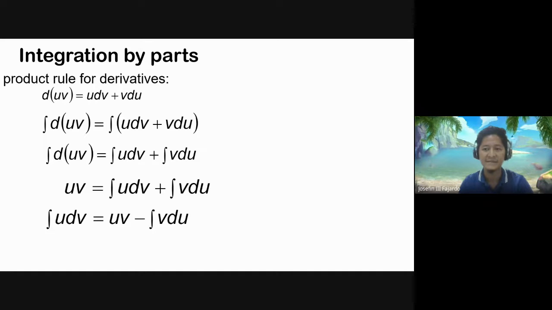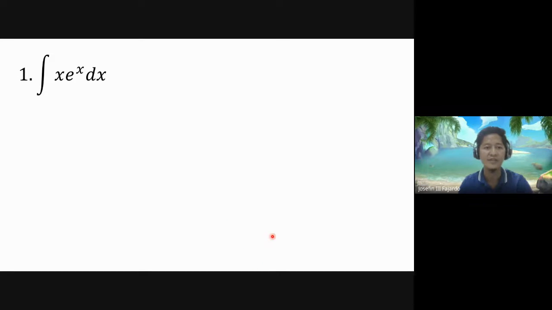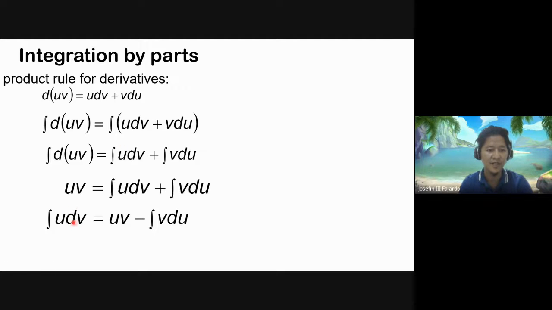Okay, let's have a very simple example. Let's have this. How do we integrate this? Notice, if we try to use the method of substitution here, kahit anong gawin natin dito, hindi natin siya mai-integrate. Okay? But if we try to rewrite this in this form, identify natin si u at saka si dv.